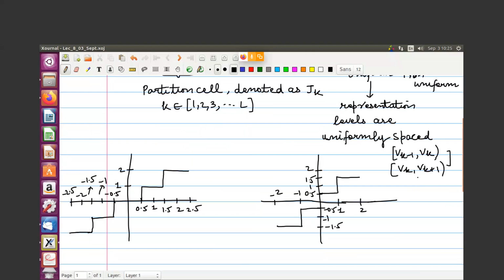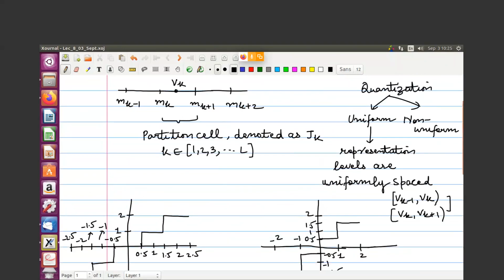We generally have ADSL wires coming to our home. They divide the voice and data traffic. But if at all voice traffic is still being transmitted over the wires, then this non-uniform quantization is used.